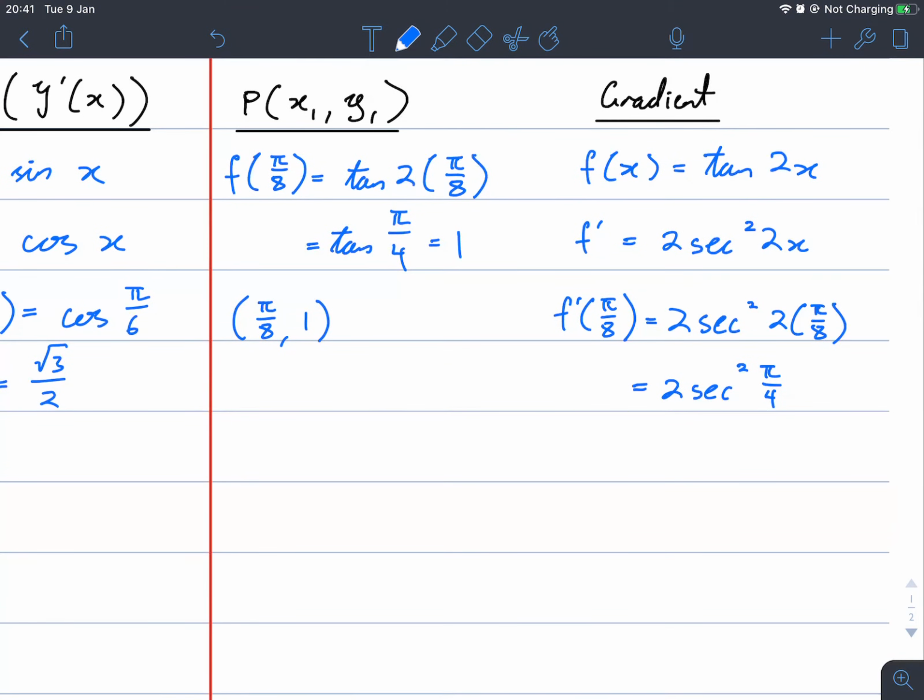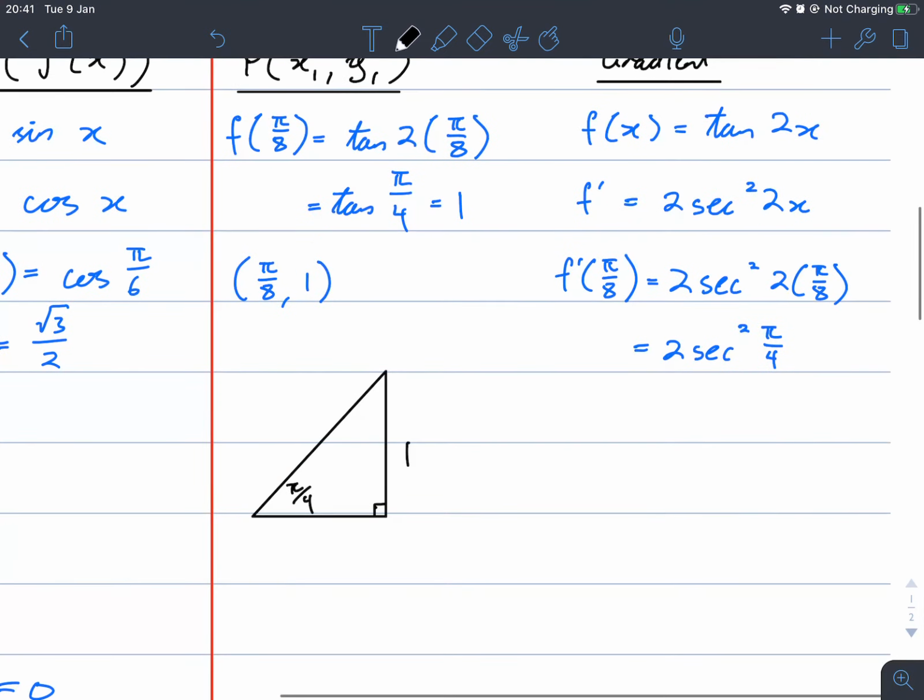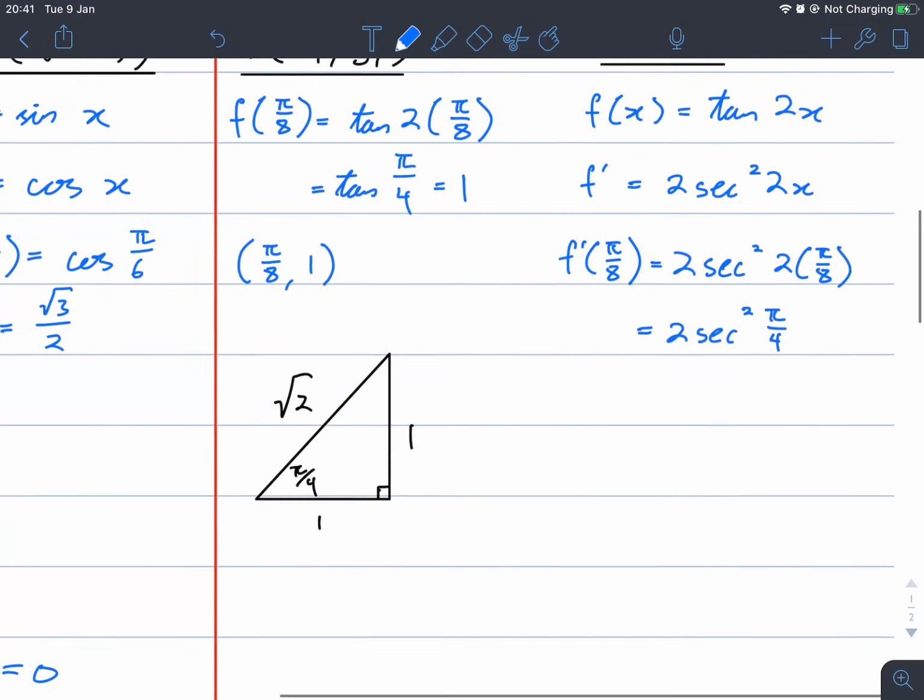Once again, you're going to have to utilize our exact ratios. We draw it one more time. Pi on 4, 1, 1, root 2. Now, sec squared is 1 on cosine squared. So let's find cosine for this one.